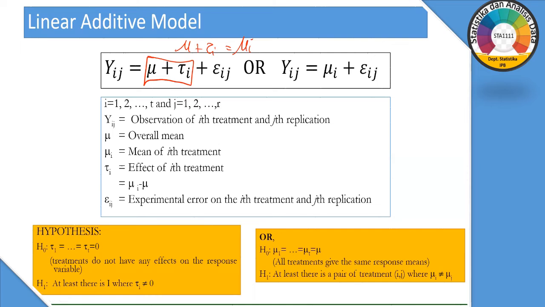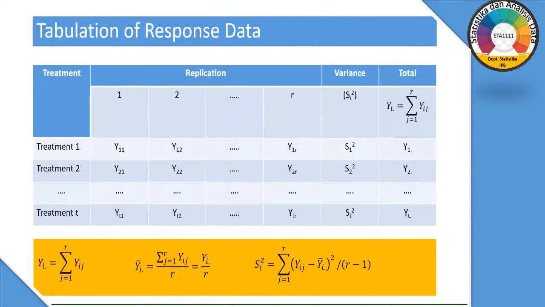Of course, we will not go into very deep analysis like this, but this is an introduction to you that all of those experimental designs will have some mathematical formulation in terms of linear model, in terms of analysis, and so on. Okay, so after you conduct an experiment, you can tabulate the obtained measurement like this, for example.